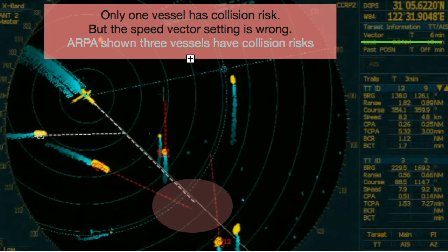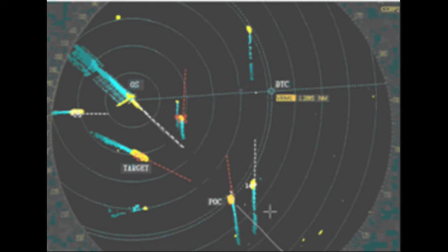So we should avoid the last 3-minute contact with other vessels at any cost. Okay, this is the 3-minute speed vector representation on the radar screen. Our navigational responsibility is to steer this 3-minute collision line to clear all vessels.